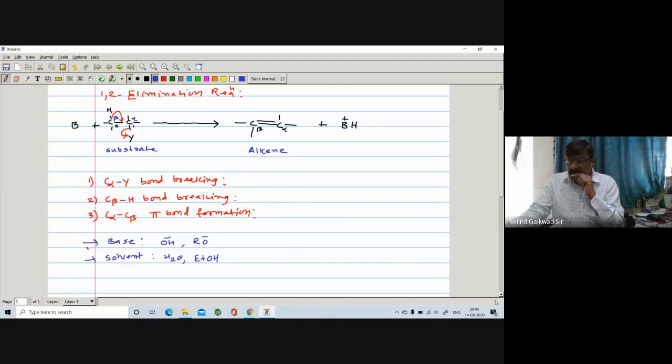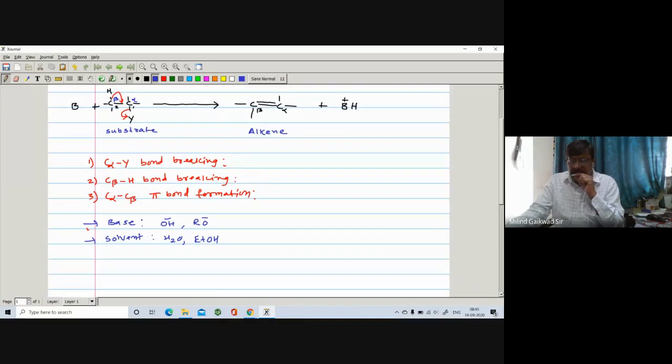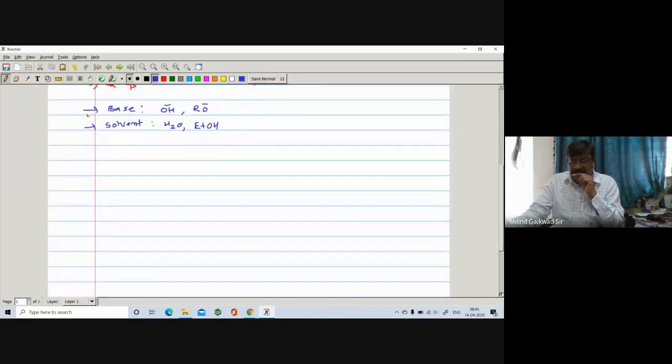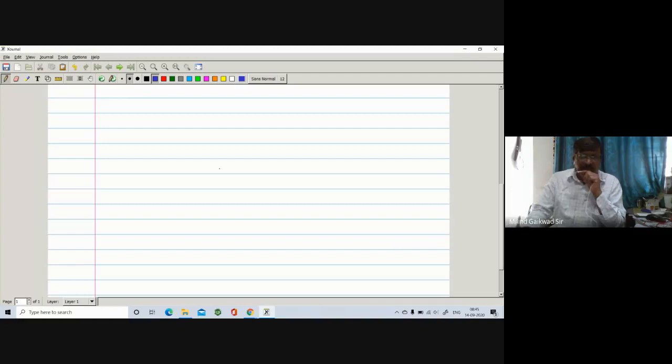This can be further explained by the mechanism. So let us see what is the mechanism of this reaction. This 1-2 elimination reaction can be explained by three mechanisms. We have seen nucleophilic substitution reaction.